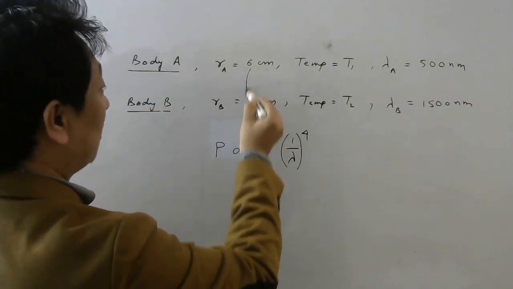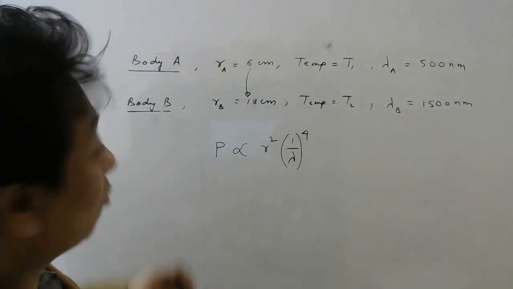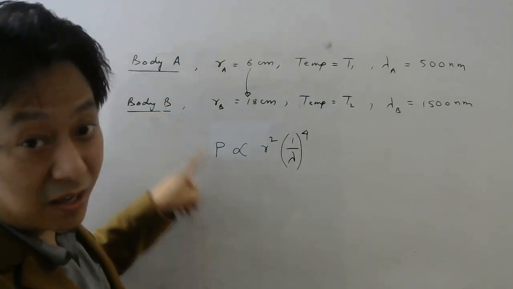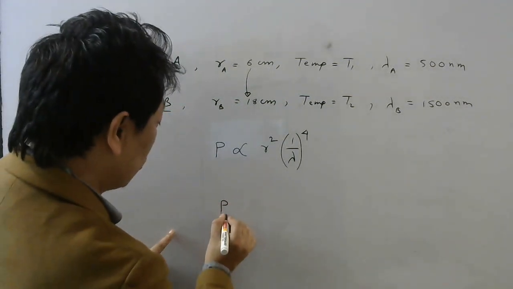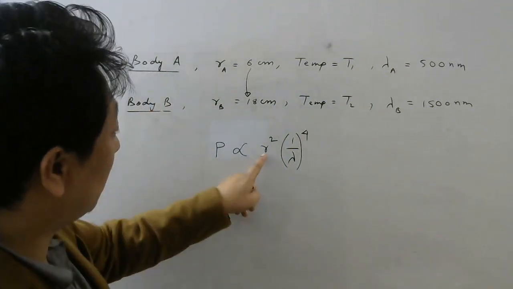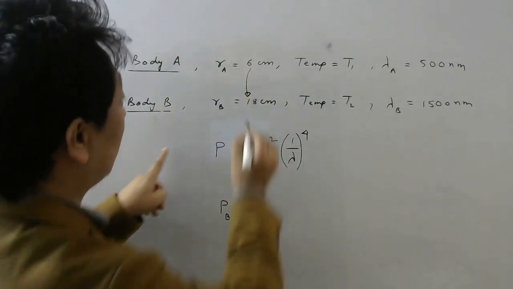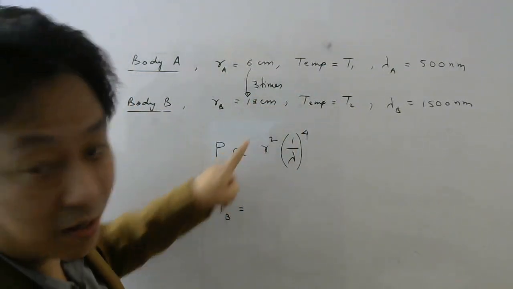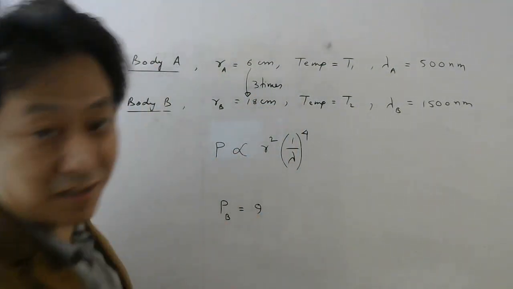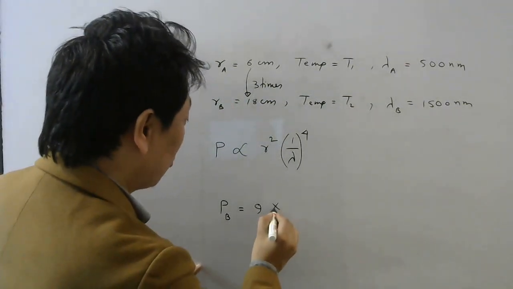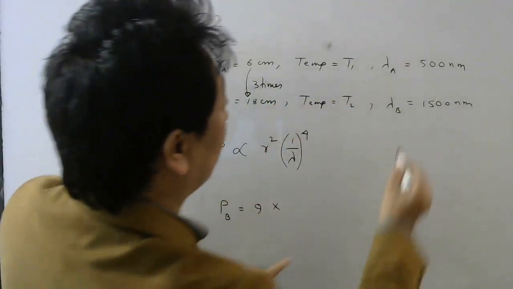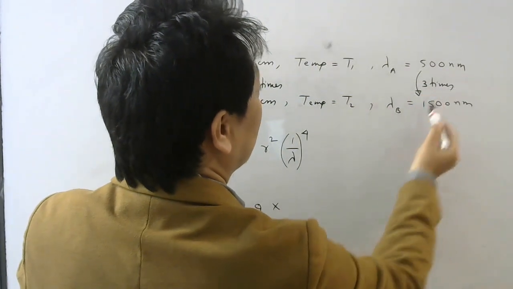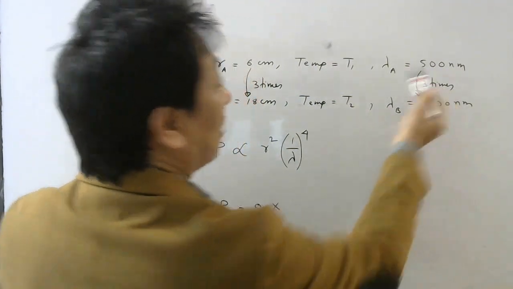So now see what happens. From here to here, the radius has increased 3 times when I go from body A to body B. That means for body B, the power will increase because of this radius. Remember, from here to here, radius increases 3 times, so the radius square will increase 9 times, isn't it? Now, what about wavelength? From here to here, the wavelength has also increased 3 times, right? 1500 is 3 times 500.